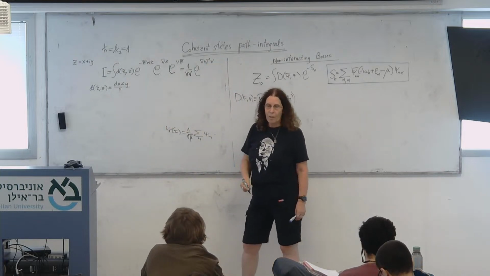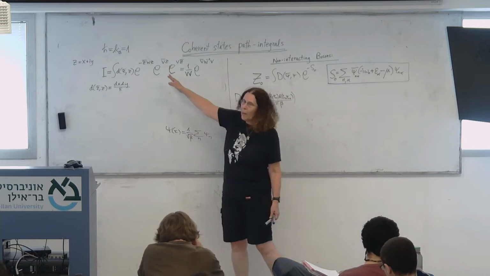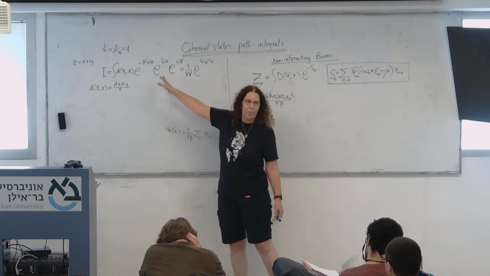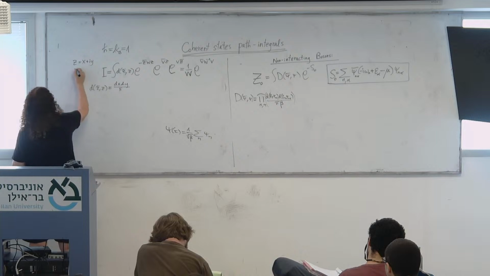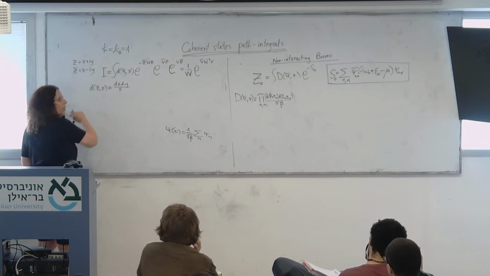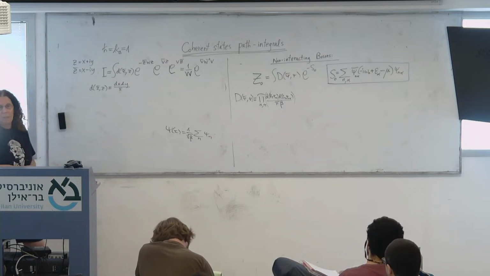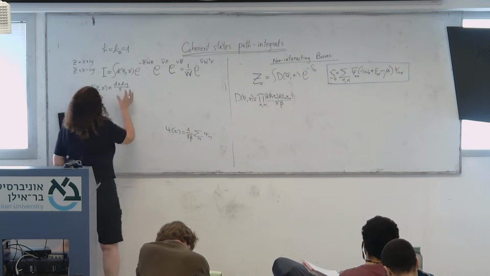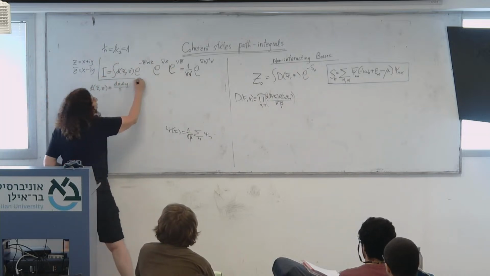That's a complex integral, and you can easily prove it by just plugging the definition of z and z bar in terms of the real and imaginary part. It's a double Gaussian integral. So that's a useful formula.